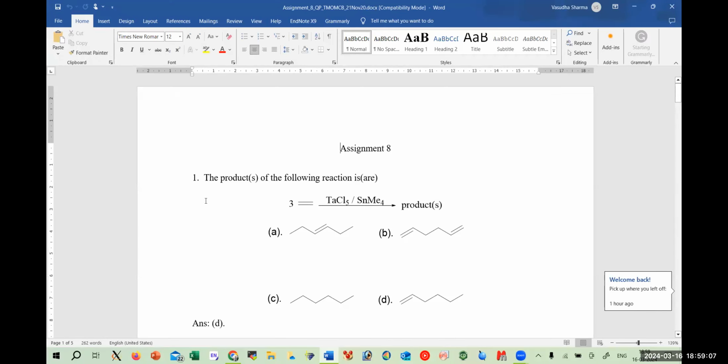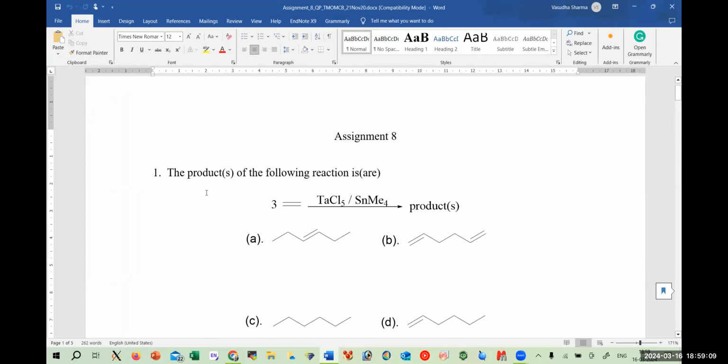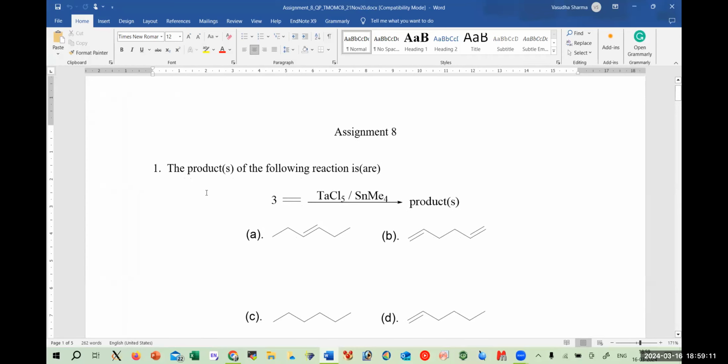So here it says the product of the following reaction is or are. So you need to identify your substrate. Your substrate is ethylene and a tantalum catalyst has been used. And we know that ethylene trimerization gives you which product?